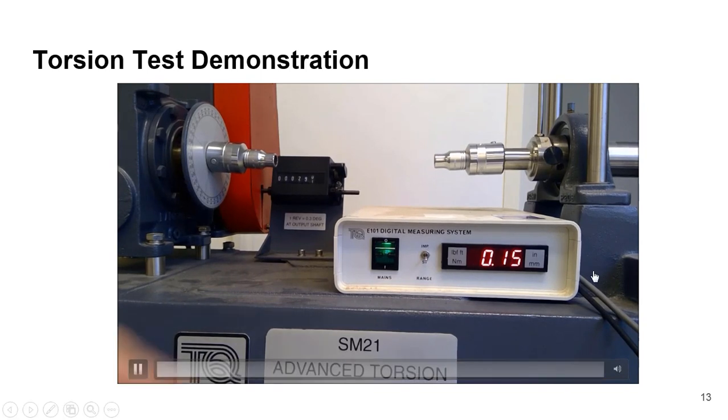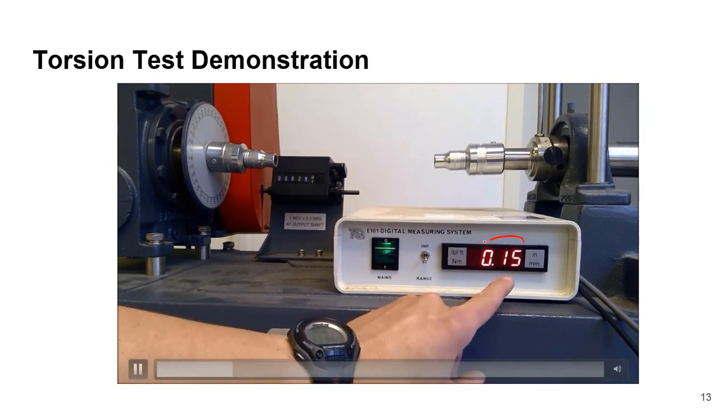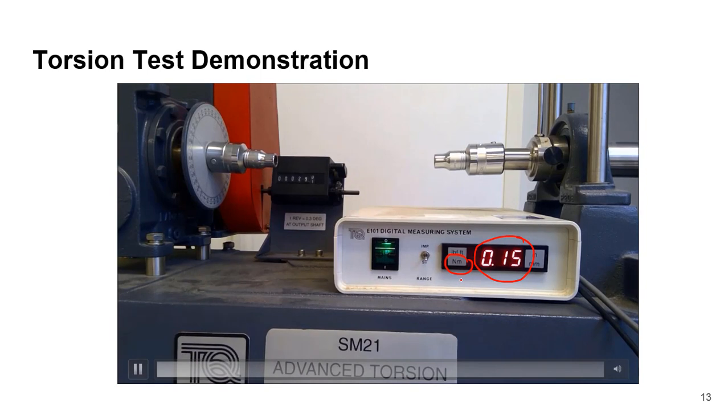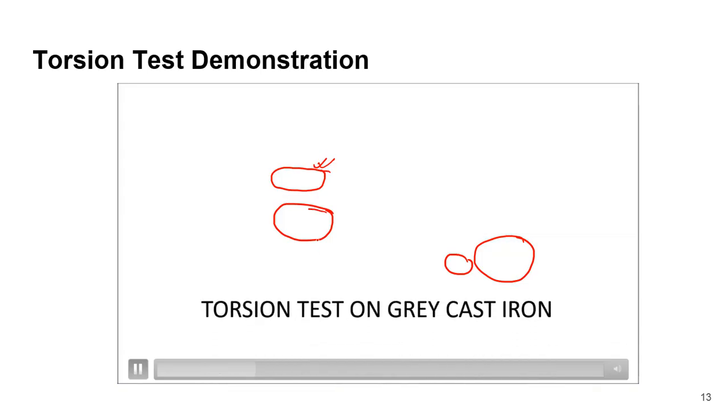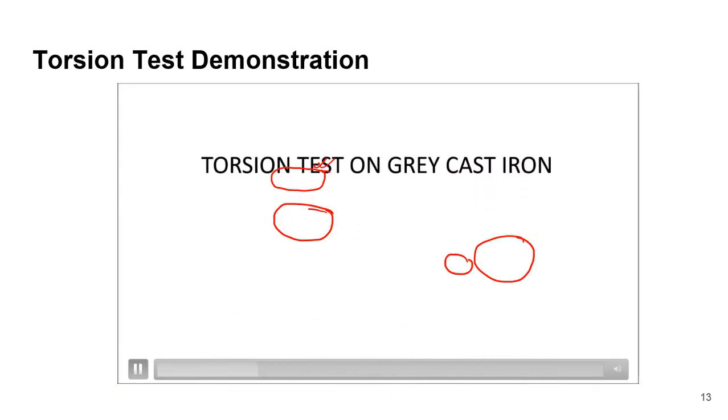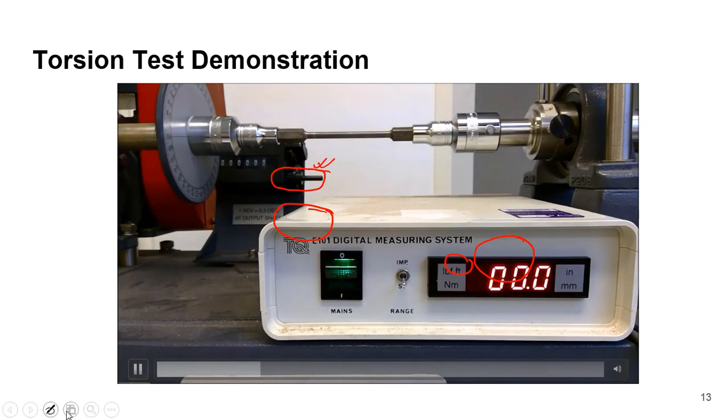This is one where you will get the value in Newton meter. This is basically how much torque is applied. Here you can see one reading which indicates how much revolution is taking place, and there is a relationship given that one revolution is equal to 0.3 degree.